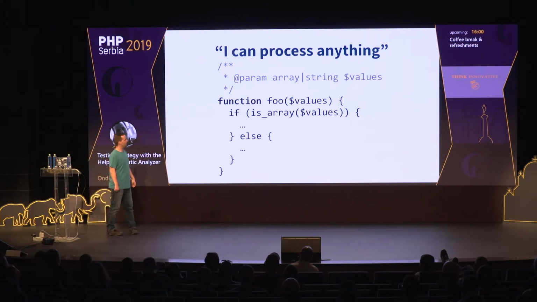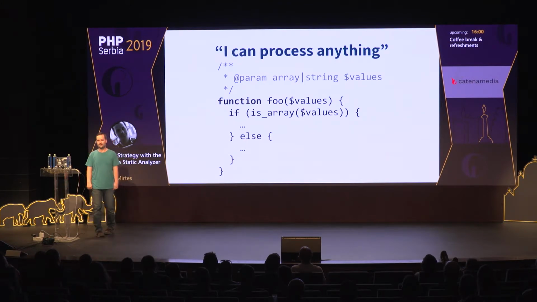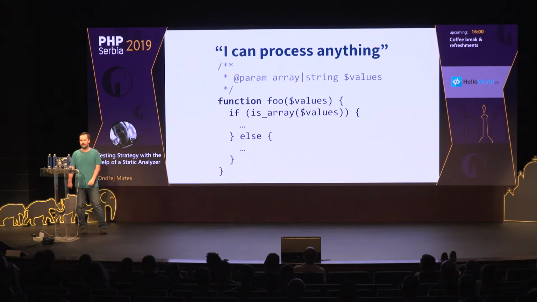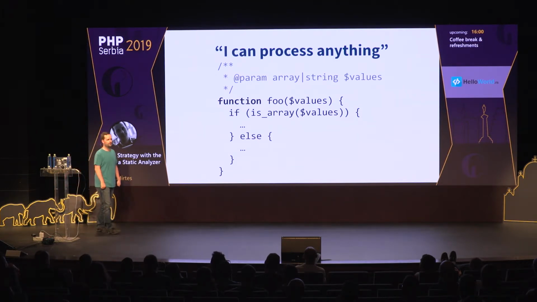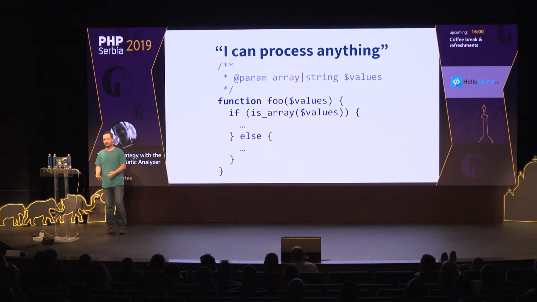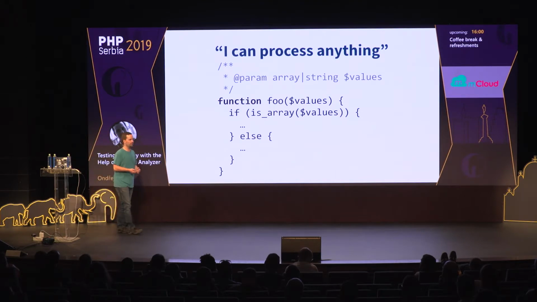Another problem are ambitious functions that do many things at once. So it might seem really cool to write a function that says, I can process anything, throw anything at me, and I will do something about it. But methods that accept multiple values have to contain some kind of branching logic to process these types separately.